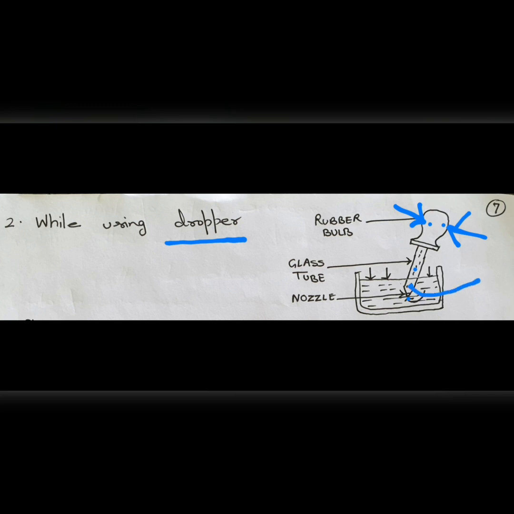The air will come out from here. Now we put the dropper into the medicine. Very low pressure is there in this tube, and when we release the bulb, a partial vacuum will be created in this tube, and the very high atmospheric pressure on the surface of the medicine will push the medicine into this tube, and we get the medicine into the dropper.